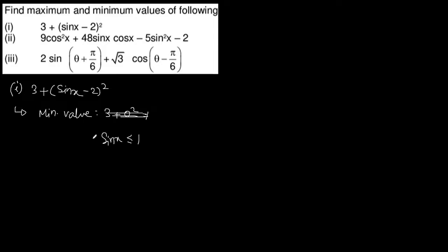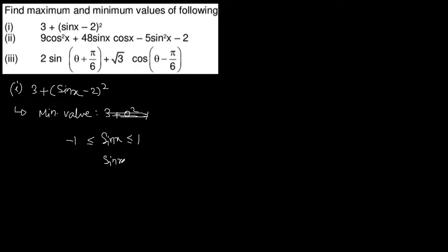Okay, so we'll understand from here, by taking some example. 3 plus sin x minus 2 whole square. Minimum value is when the square is 0, but the square cannot be 0, since sin x is between minus 1 to 1 and is not 2. So how will we do? We'll see sin x is between 1 to minus 1.